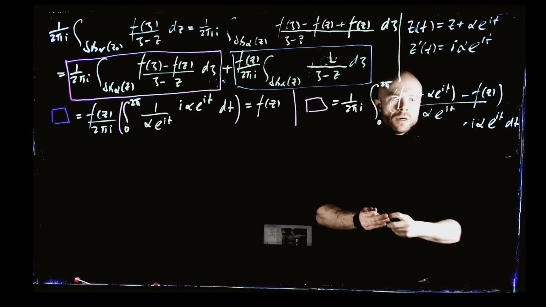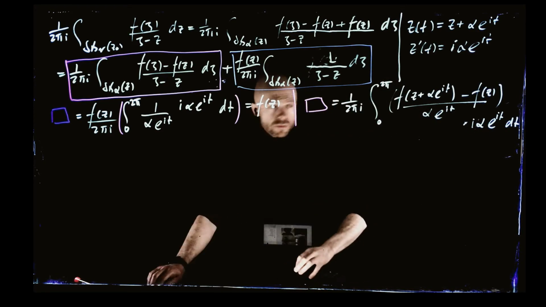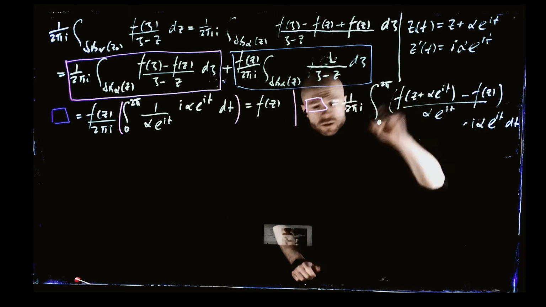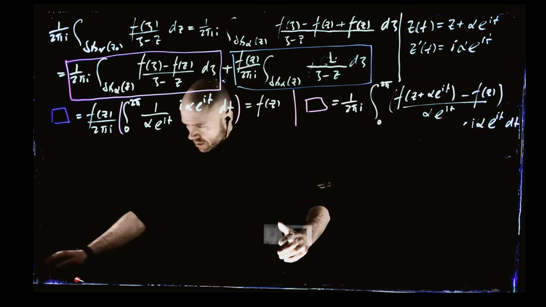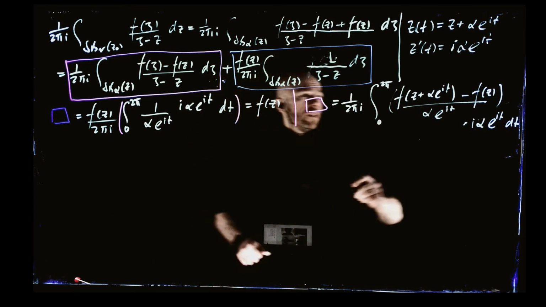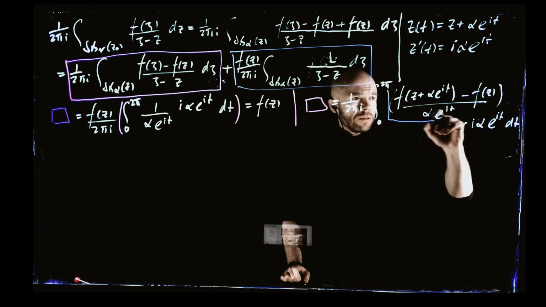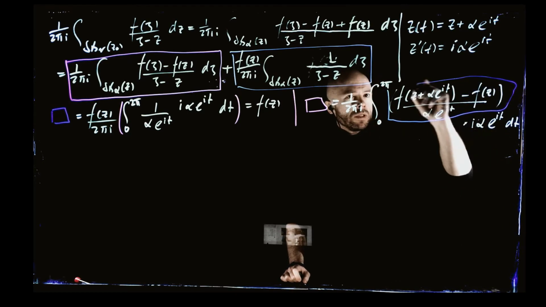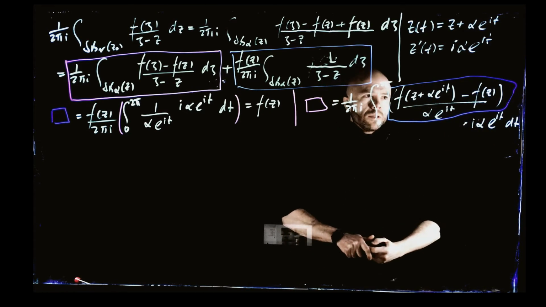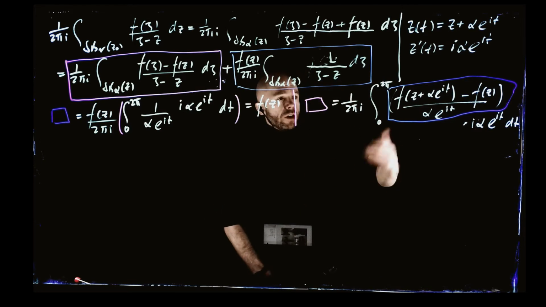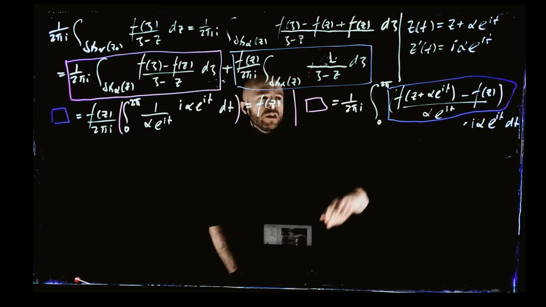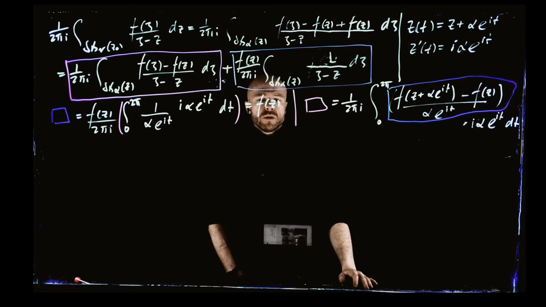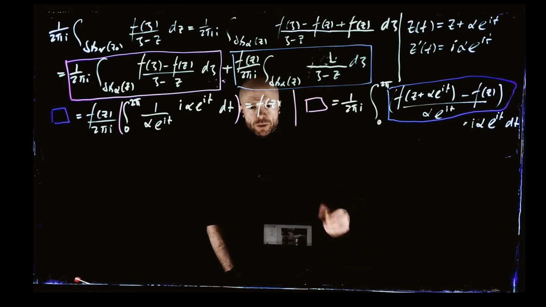Cool. All right, so tell me about this. Let's change color. Tell me about this thing here. As alpha gets very, very small, what is this thing tending towards? Just the derivative, right? Because it's a differentiable function.